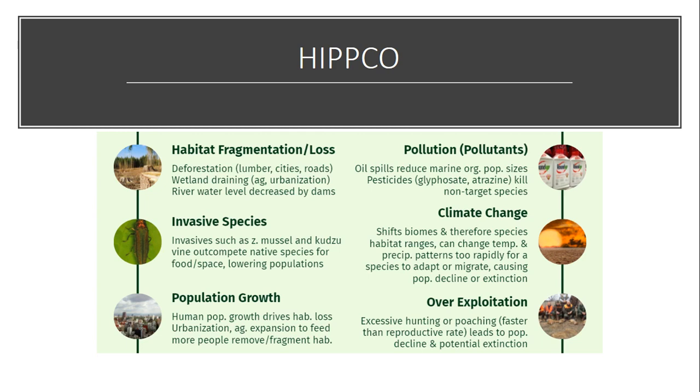Maybe we need to drain a wetland area for urbanization purposes. River water levels can be decreased, especially if we dam certain rivers and we affect the flow of that water. Each of these aspects are a part of habitat fragmentation, which have the ability to lower biodiversity.